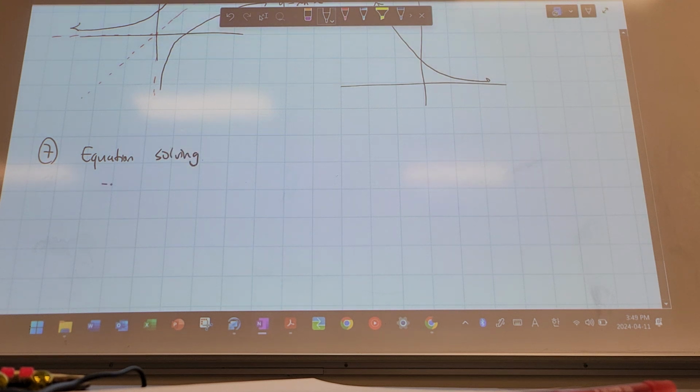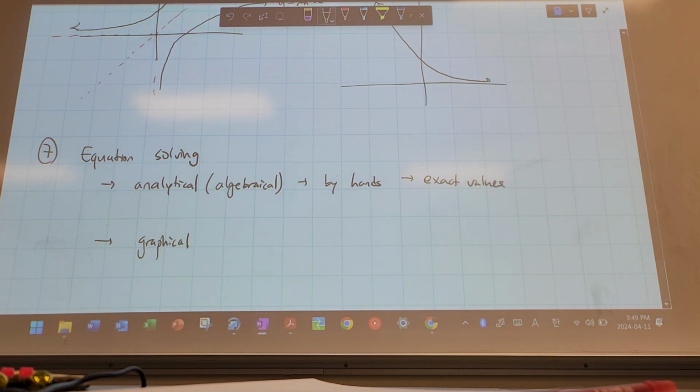So the topic here is that we have 2 methods of solving equations, right? We have the analytical solution, which is synonymous with the algebraic solution, and then we have the graphical solution. The analytical solution is by hand, and you can find the exact values.